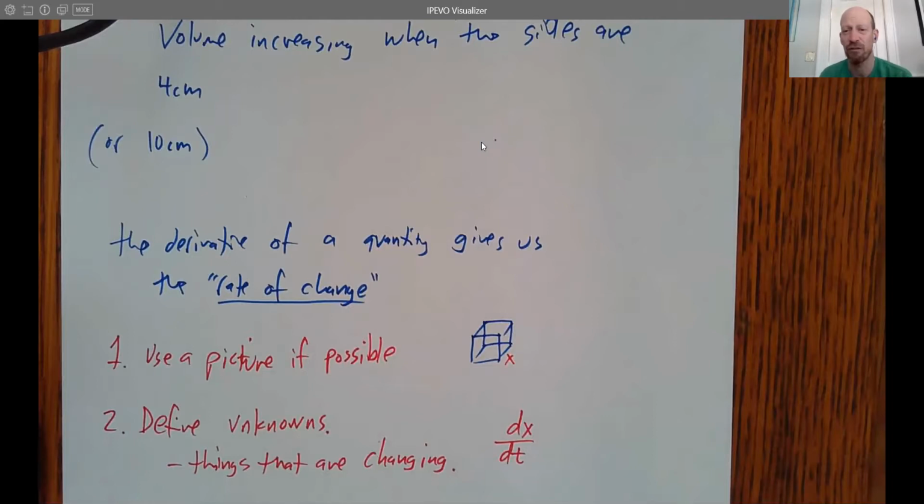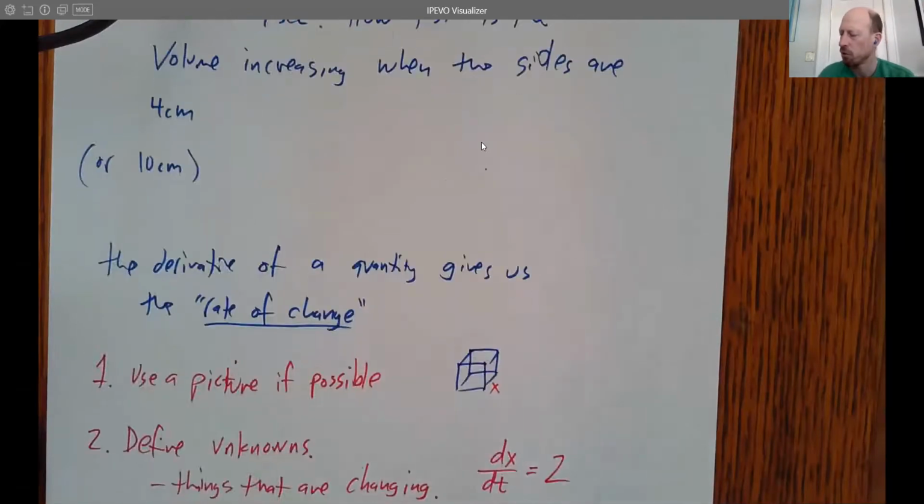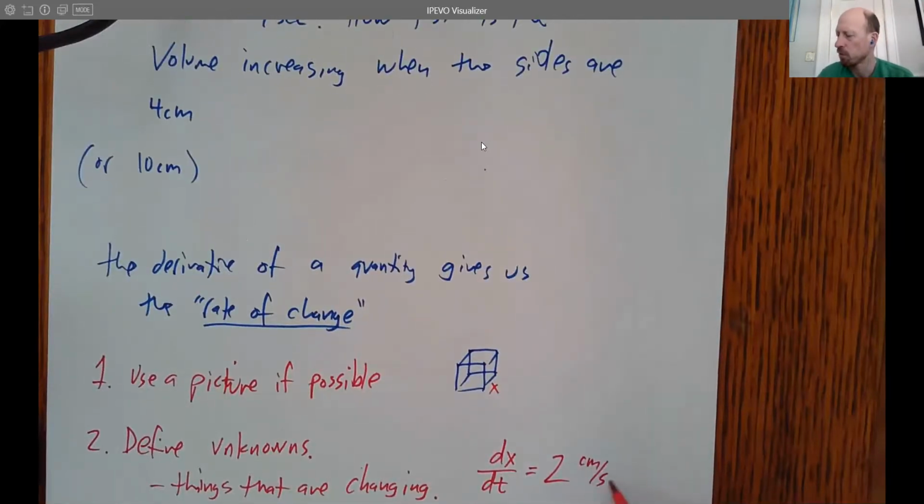How fast is the function changing with respect to time? And I'm told that in this question it's 2. I could keep track of the units here, although the units will work themselves out. So this is how we want to write that change.